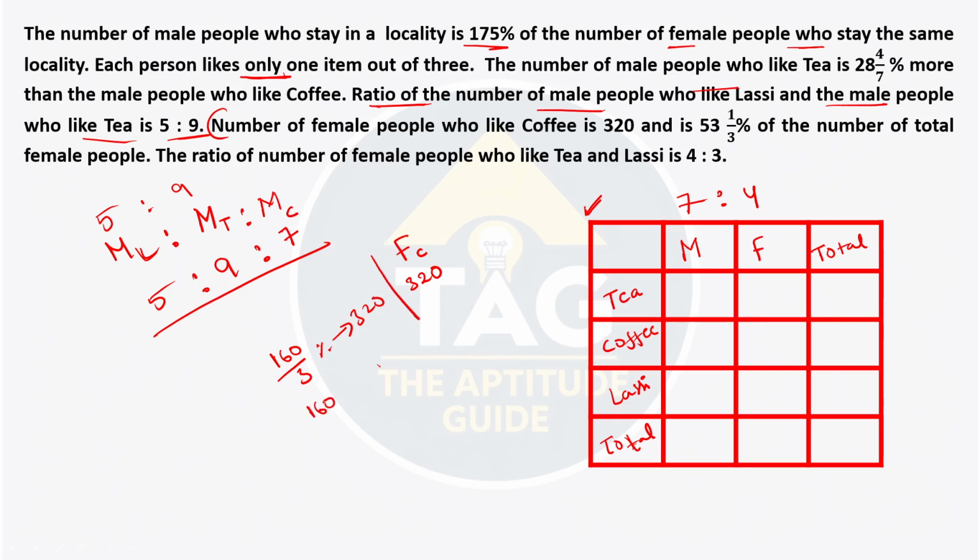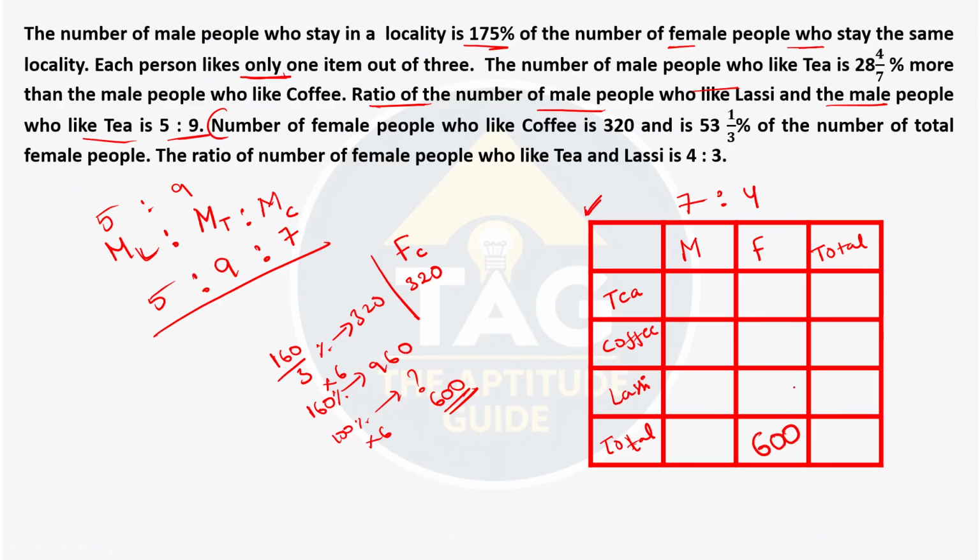Can I write it as 160 equals 960? If 160 percentage is 960, can we find the value of 100 percentage? Is it possible? Definitely yes. 160 times 6 is 960, 100 times 6 is 600. So total number of females are 600. I'll put it here.